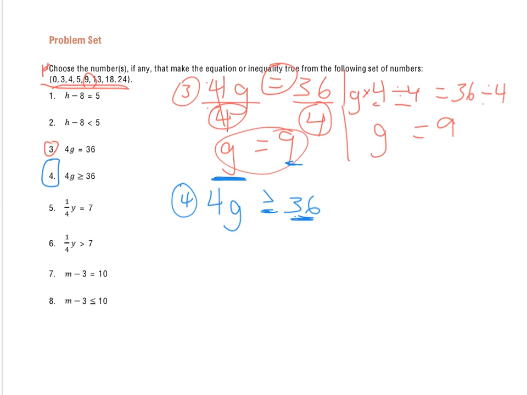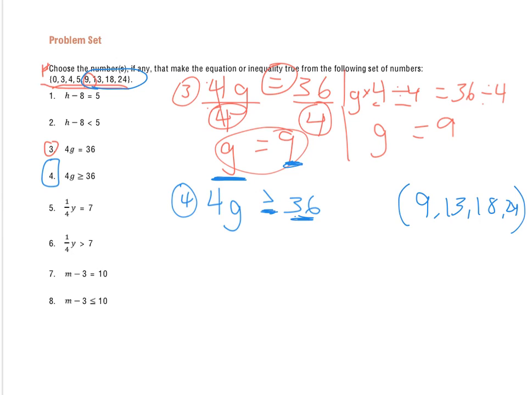because in math, it's not about getting the right answer, it's about proving the right answer. So I know that 9 will get me 36, because I just showed it up above at 3. And any of the numbers greater than 9 are going to make it greater than 36. So I already know my answer. It's going to be a set of 9, 13, 18, and 24.